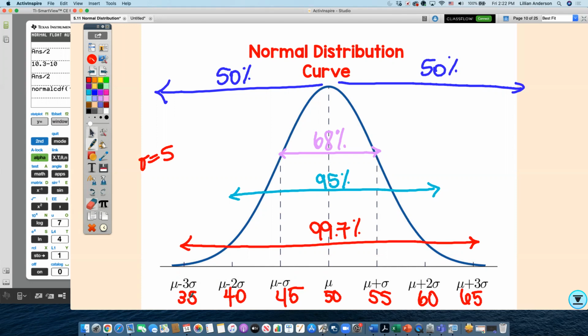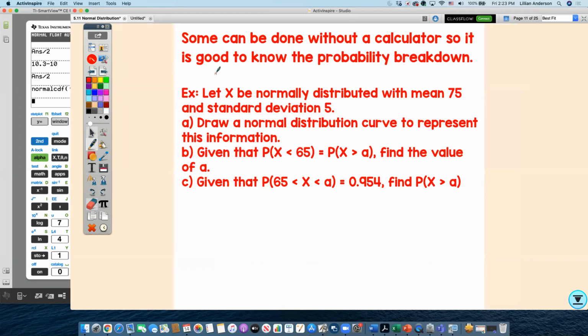Well, that lies on your standard deviation, so you can say about 68% lies in between 45 and 55 years old. So these you'll need to remember. Like I said, that breakdown, 68, 95, 99.7. You'll need to know those in case you happen to have a problem without a calculator.